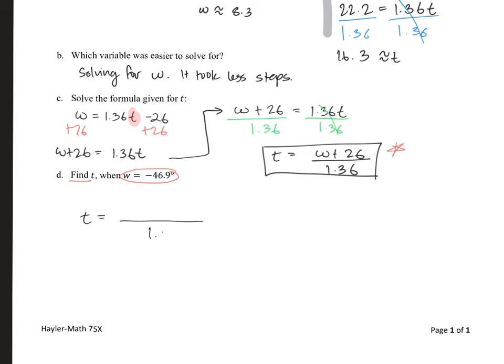I'll just go ahead and plug in negative 46.9 for where I see W. Okay, and I'll go ahead and solve that. So negative 46.9 plus 26 is negative 20.9, still divided by 1.36.